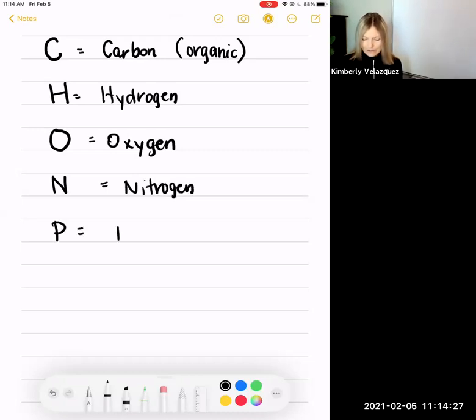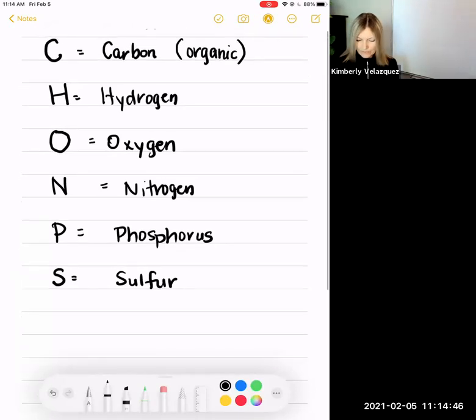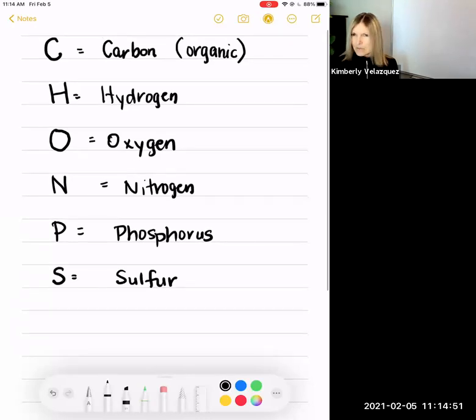P is phosphorus. Okay, I'll go ahead and tell you, these are the ones you're going to see the most this semester. You'll sometimes see sulfur, especially when we look at proteins. You'll occasionally see sulfur. This is the main list.